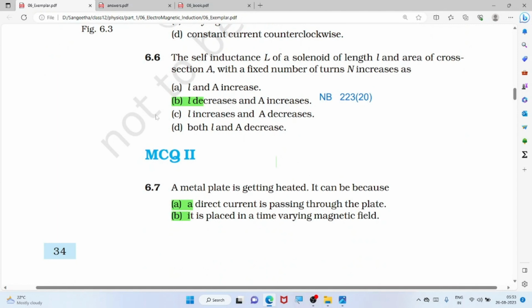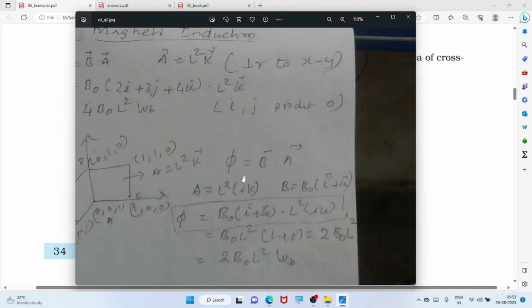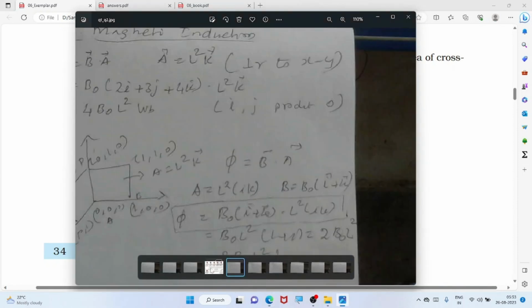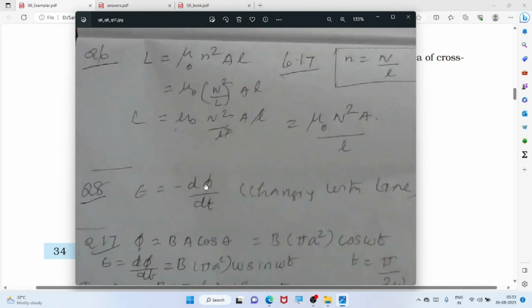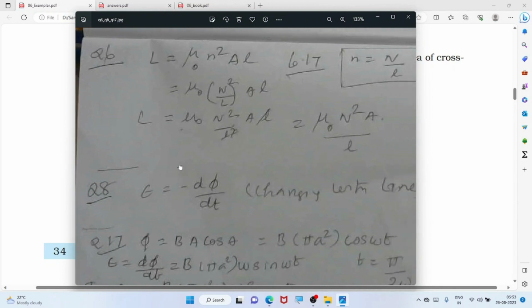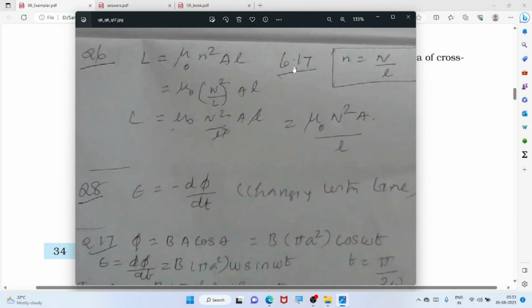The self-inductance L of a solenoid of length l, area of cross section A, and a fixed number of turns. You have to know the formula here; it is taken from the book, equation 6.17.